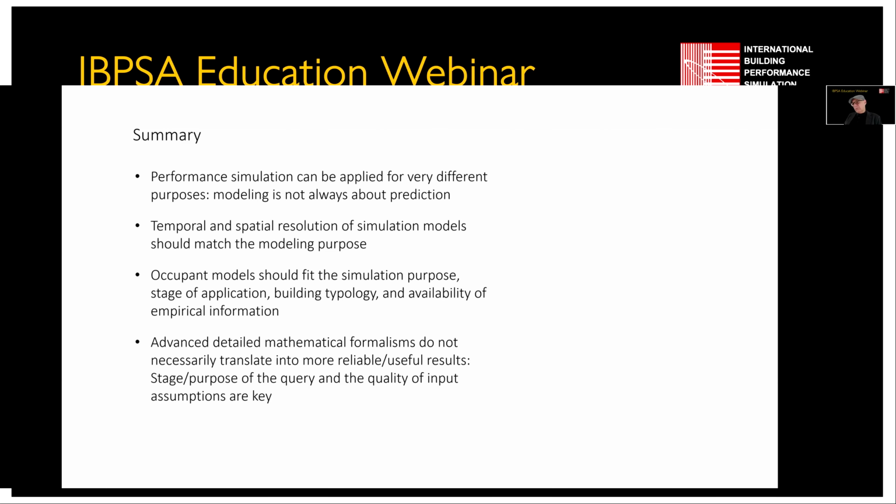And finally, the complexity of the mathematical formalism and the sophistication of the tools is very useful in many types of queries, but it doesn't necessarily and automatically translate into more reliable and useful results.